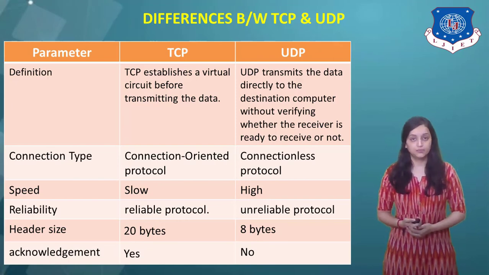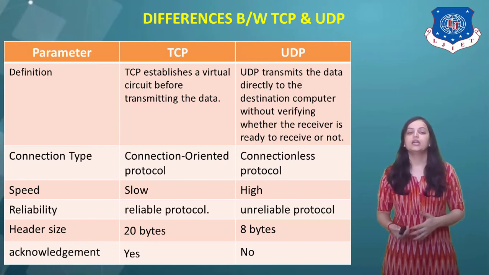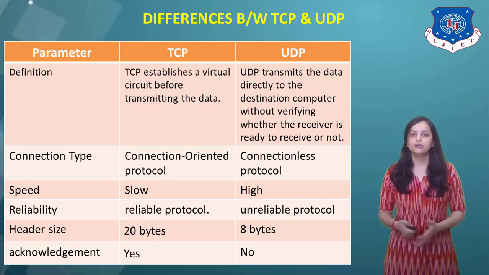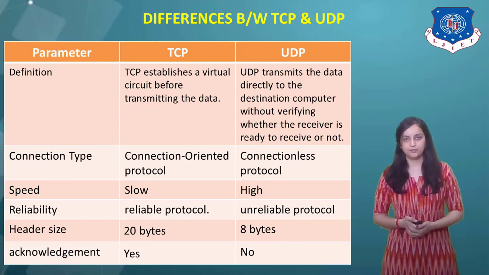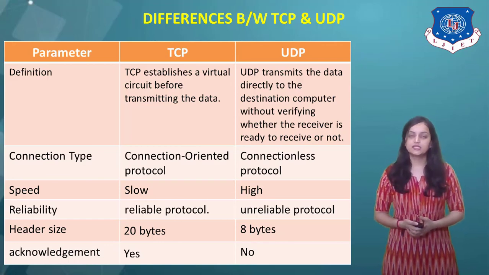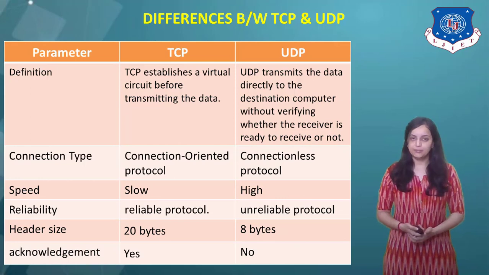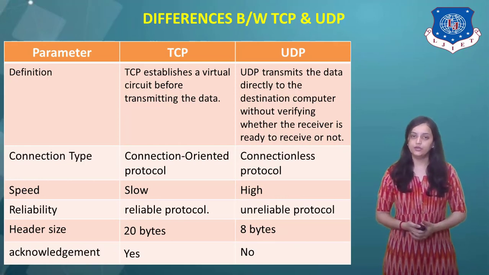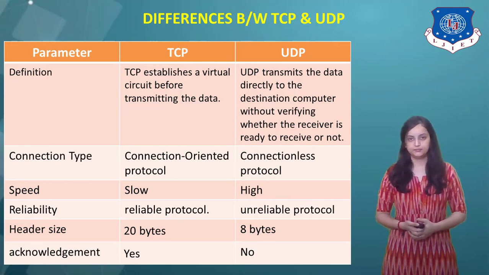The next parameter is speed. The speed of TCP is slow as compared to UDP, but UDP speed is high as compared to TCP. The next parameter is reliability. TCP is a reliable protocol and UDP is an unreliable protocol.